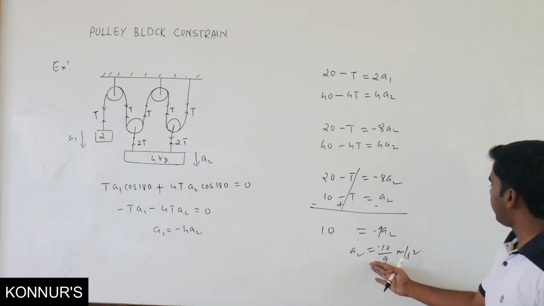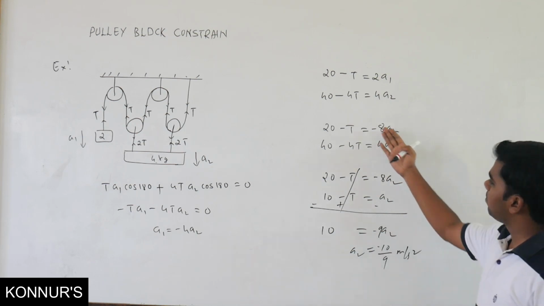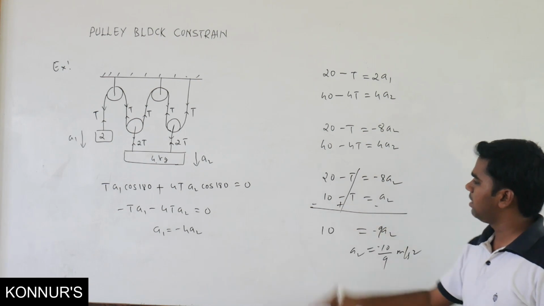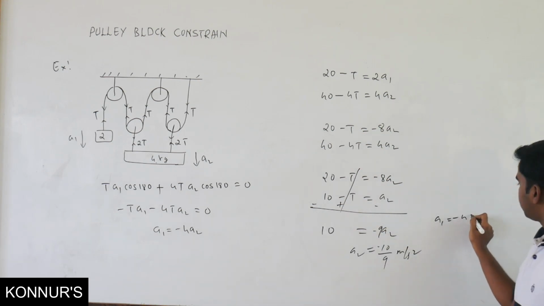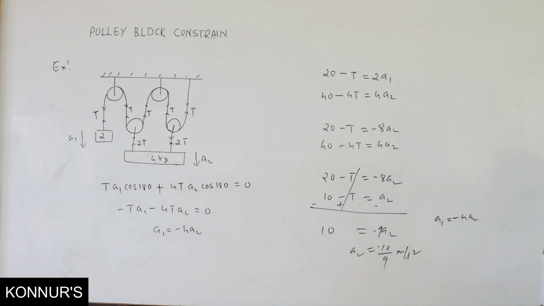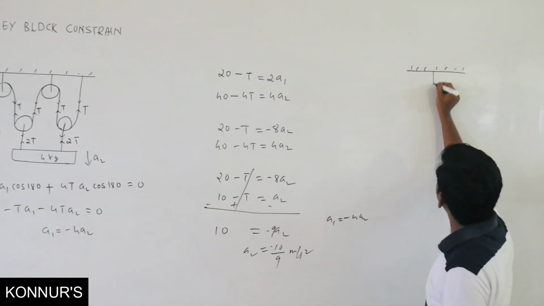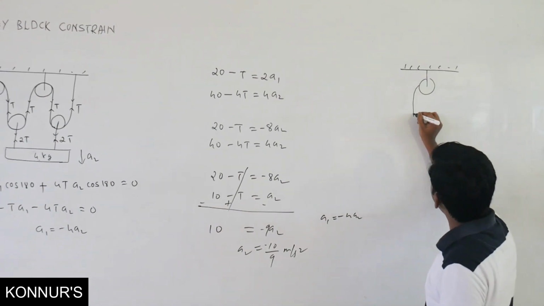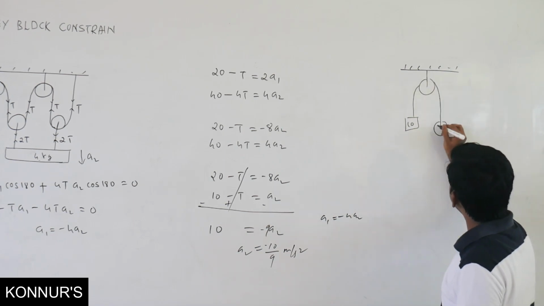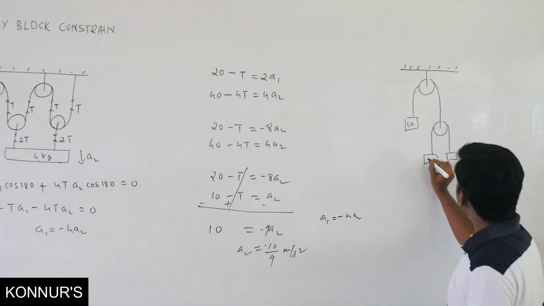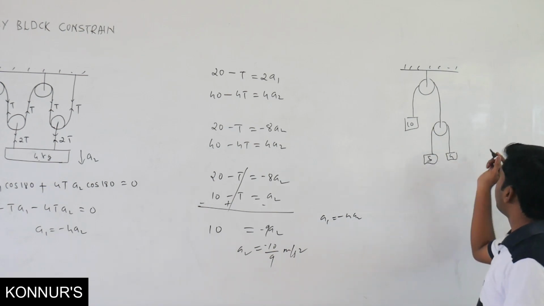You can substitute the value of a2 and you will get a1 equals minus 4a2. Just substitute the values. Similarly you can solve problems like this: suppose a pulley is connected here, and a mass of say 10 kg is connected, another pulley is connected here, and again two masses are connected, say 5 kg and 4 kg.